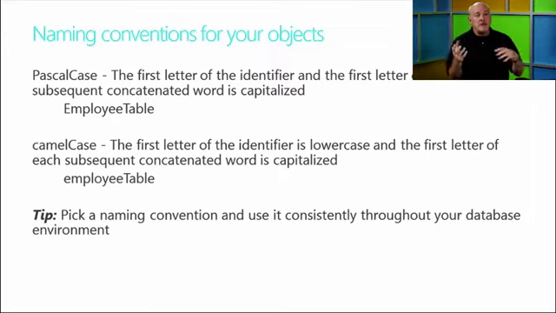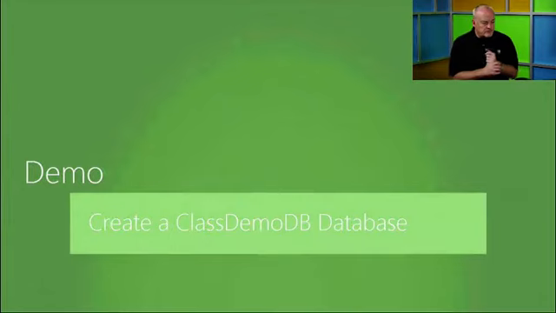When you're starting to rename your objects, if you decide to use Pascal case or camel case, use the same naming convention for everything you're doing, so you don't get confused as to why you used it in one place and something different in another. And try to keep that as a standard within your organization, so you've got that consistency when you're creating these objects.